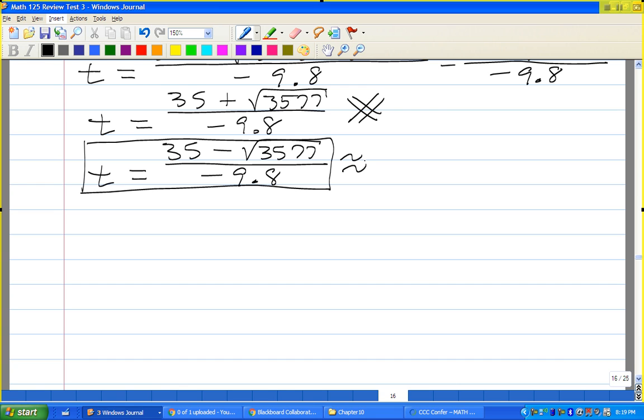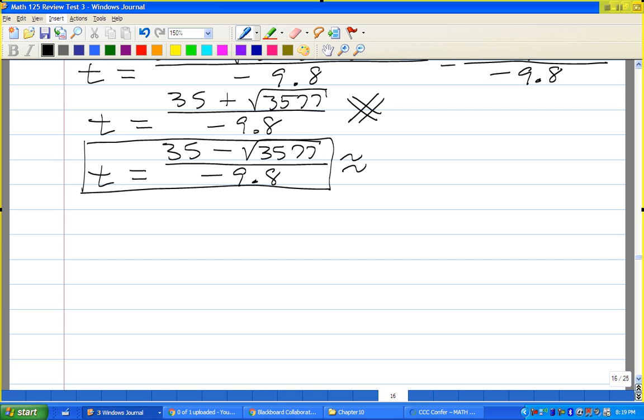And so let's do 35 minus the square root of 3577. Well, the square root of 3577 is approximately 59.80802622.